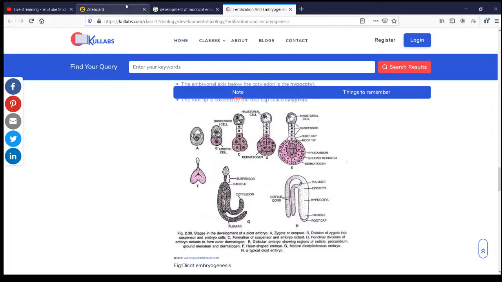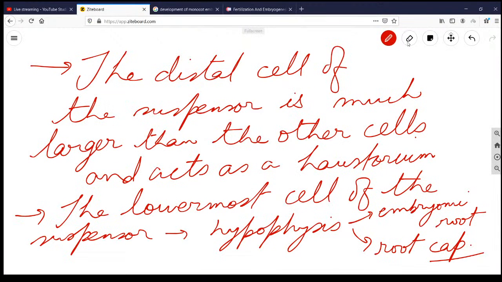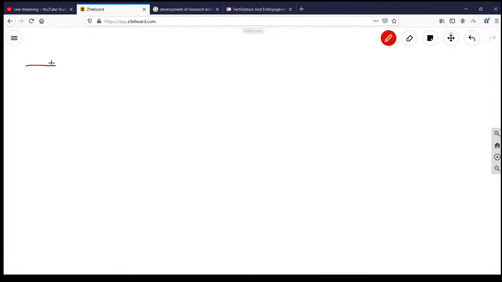Okay, so I write it down. The basal cell does not divide at all.